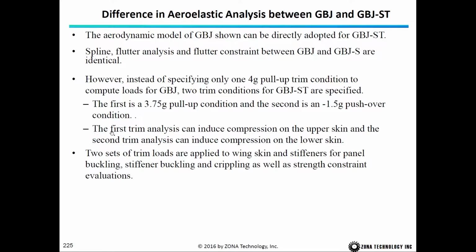The first trim analysis can induce compression on the upper skin, and the second trim condition can induce compression on the lower skin. 2 sets of trim loads are applied to the wing skin and stiffeners for panel buckling, stiffener buckling, and crippling, as well as strength constraint evaluation.